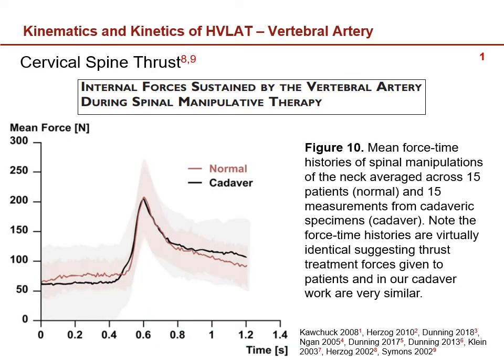Okay, so before we get to the results, it's going to be important to first consider the validity of this. Is it safe to draw assumptions as far as the manipulation provided to a cadaver versus a live individual?